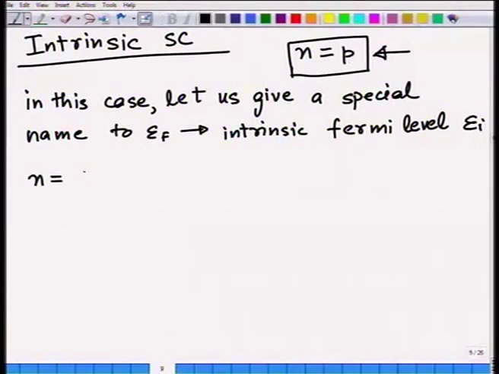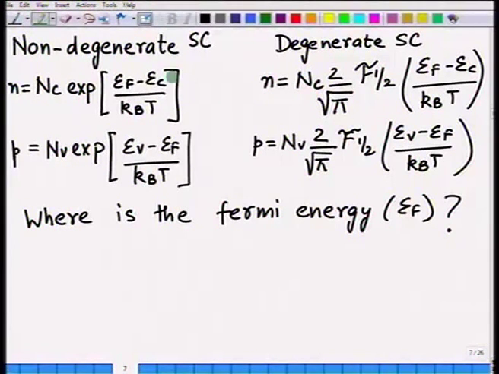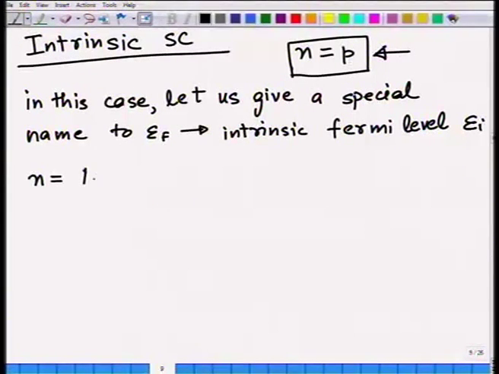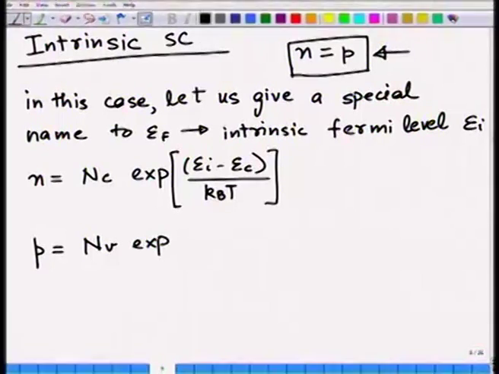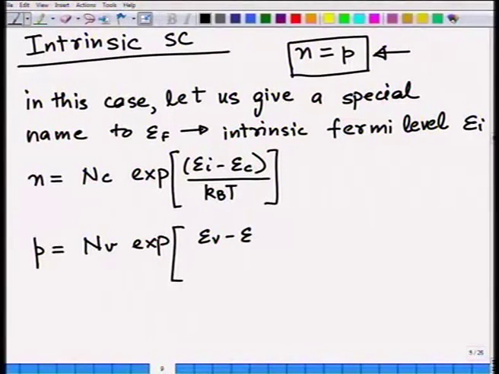Under this condition, for the intrinsic semiconductor, we are calling the Fermi level EI. In that case, I will use those formulas right from here: n is equal to NC times e to the power (EI minus EC) by kBT, and p is equal to NV e to the power (EV minus EI) by kBT.